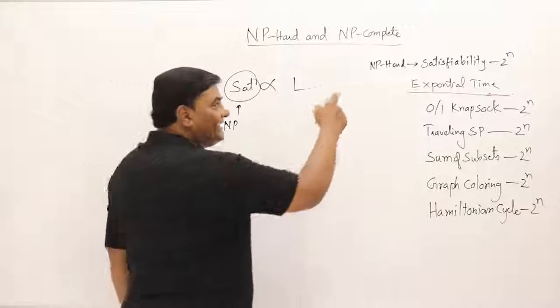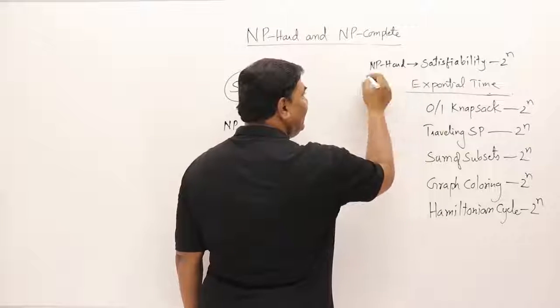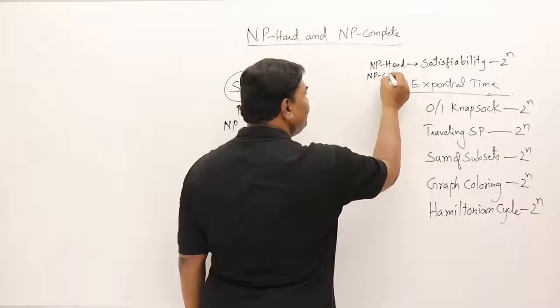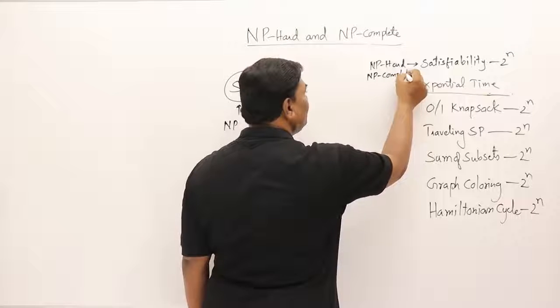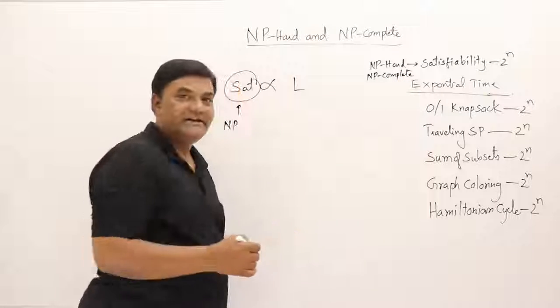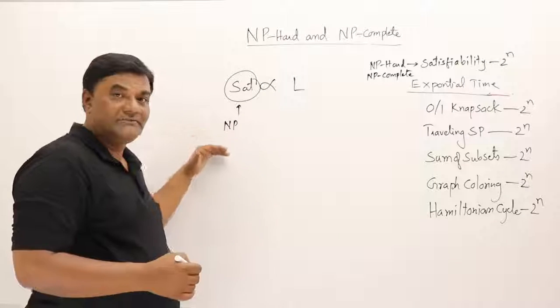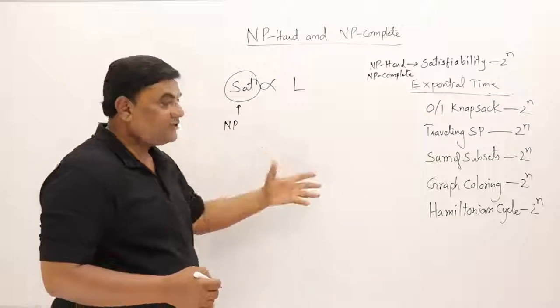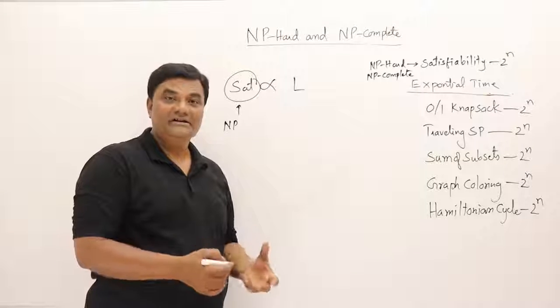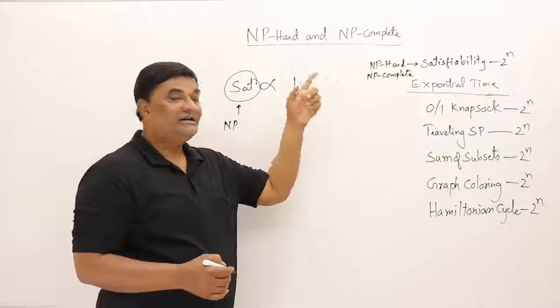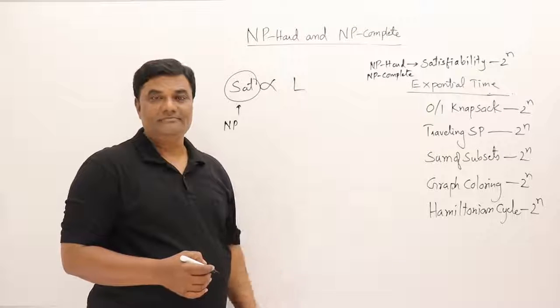So satisfiability is NP hard as well as NP complete. If a problem has a non-deterministic polynomial time algorithm, then that problem also becomes NP complete. So satisfiability is a known NP complete problem.